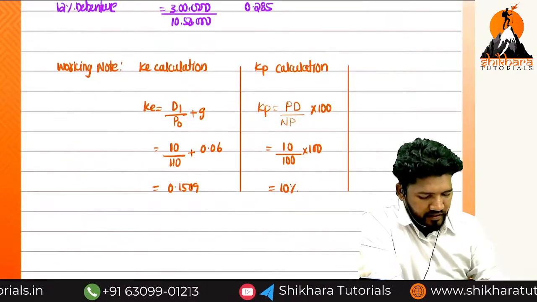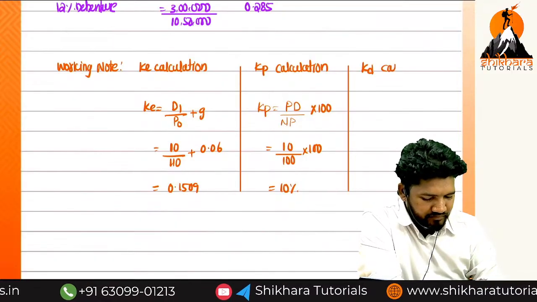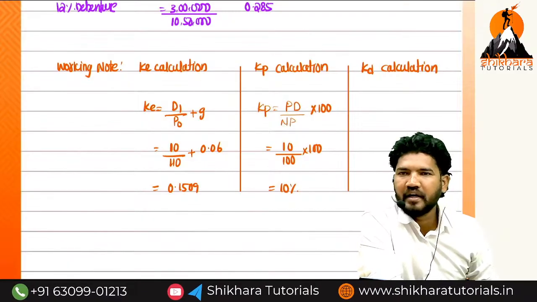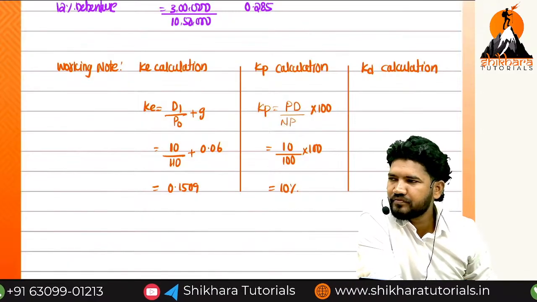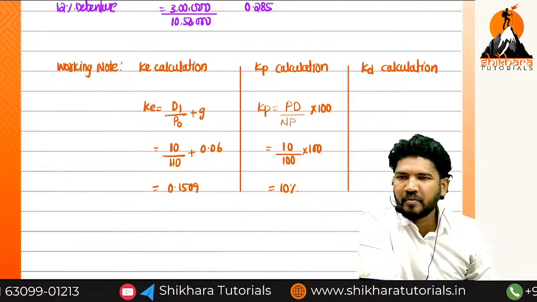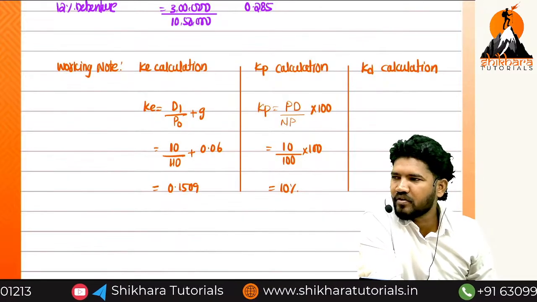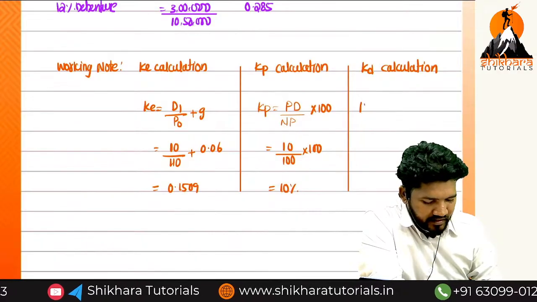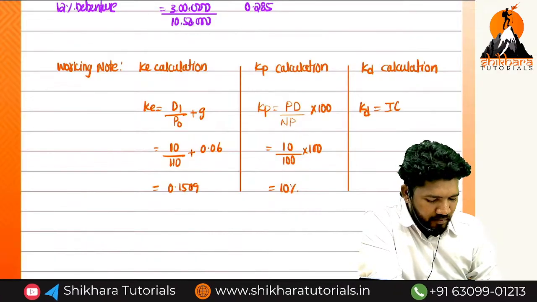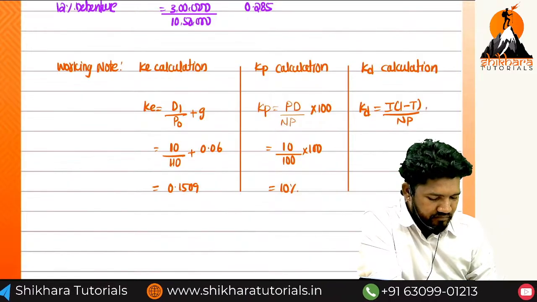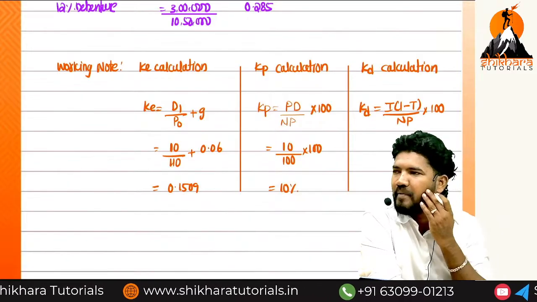What about the next one? KD calculation. When it comes to the KD, I have to check irredeemable or redeemable. Irredeemable, the reason being there is no N. Now what is the calculation? KD equals interest times (1 minus tax) divided by net proceeds.